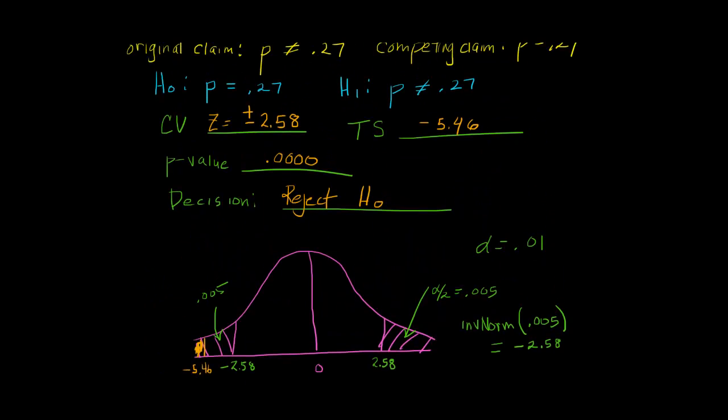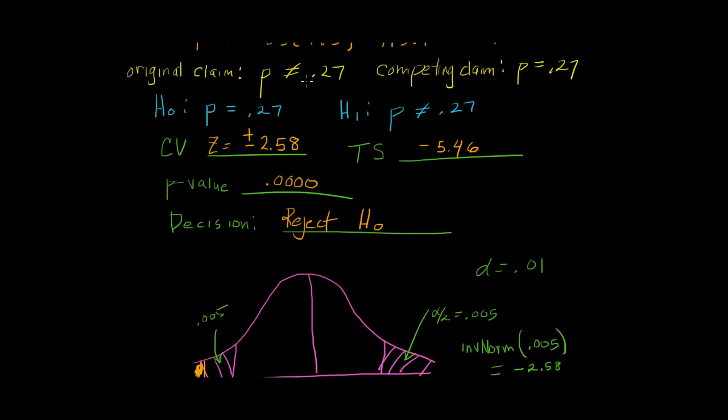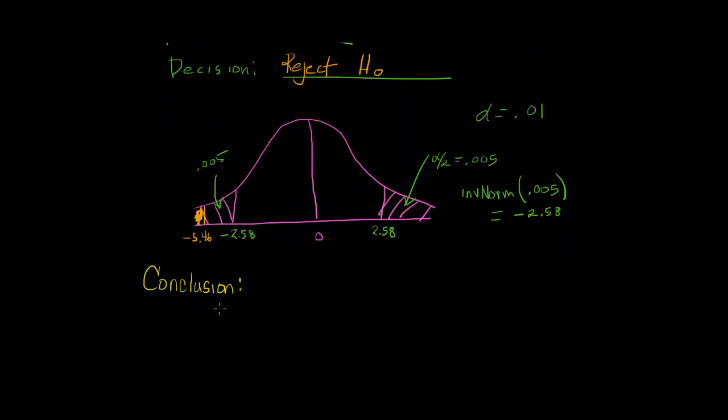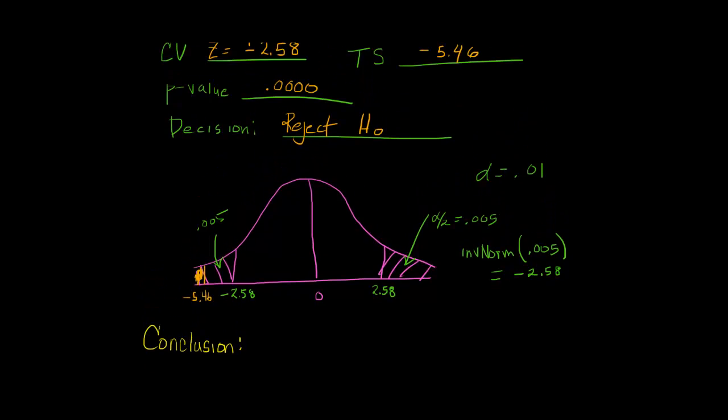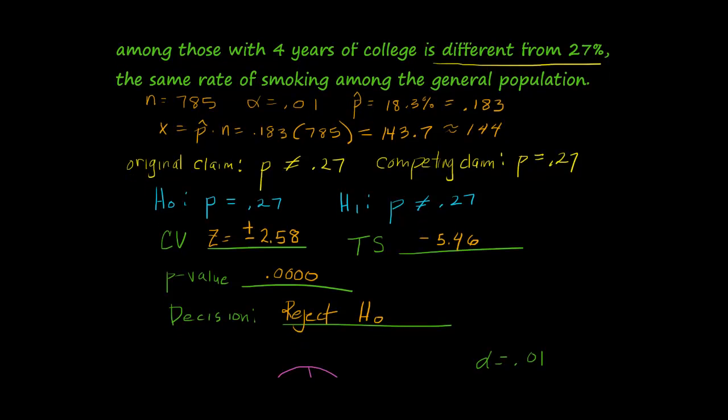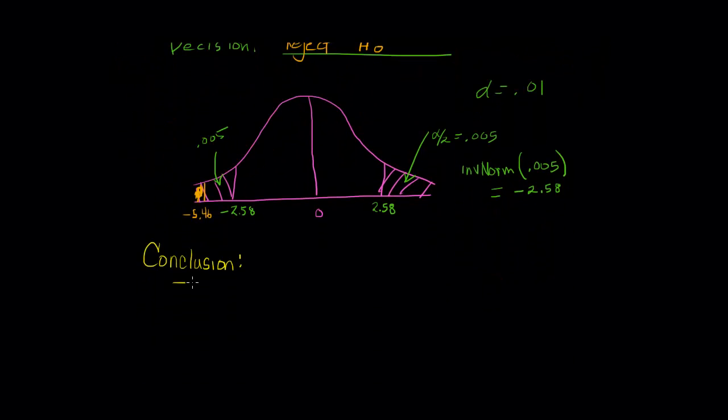Okay, does the original claim contain the condition of equality? No, it does not. It's the competing claim that has that. So the answer to that question is no. Do we reject the null hypothesis? Yes, we do. So our conclusion states there is sufficient evidence to support the claim, and our claim was that the rate of smoking was different.